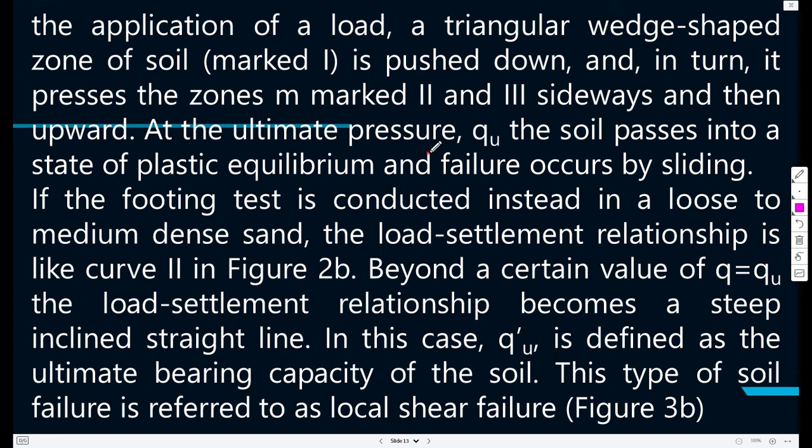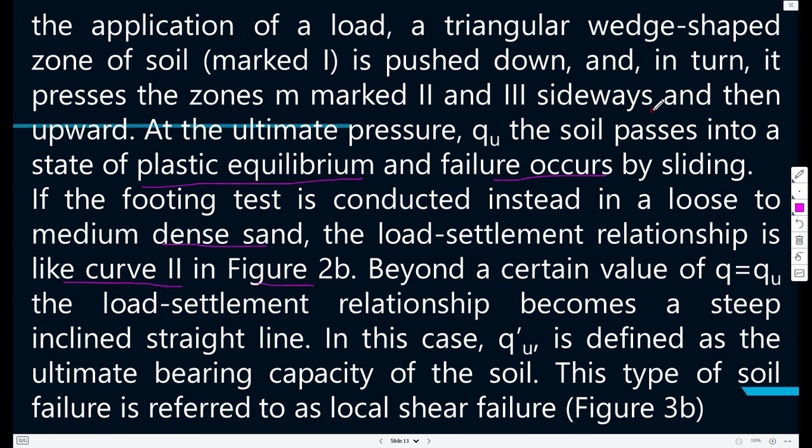So at the ultimate pressure Q, the soil passes into a state of plastic equilibrium, and failure occurs by sliding. If the footing test is conducted instead in loose to medium dense sand, so we were talking about stiff soil but now instead in loose to medium sand, then the load settlement relationship like curve 2 in figure 2b occurs.